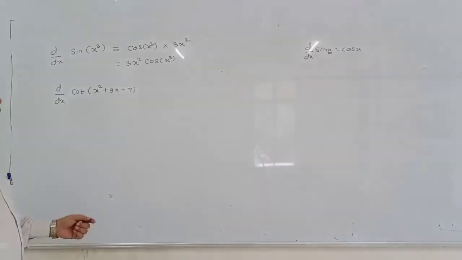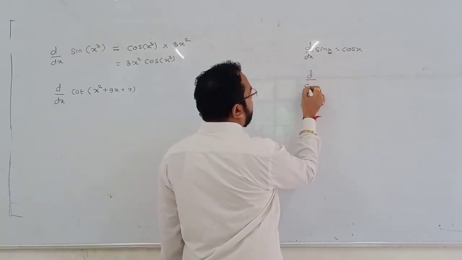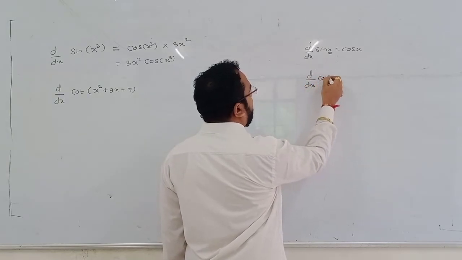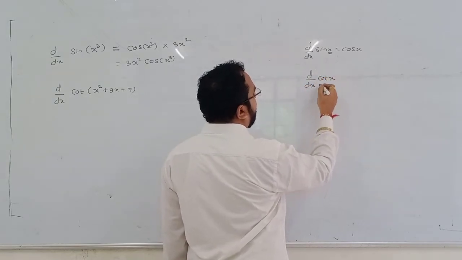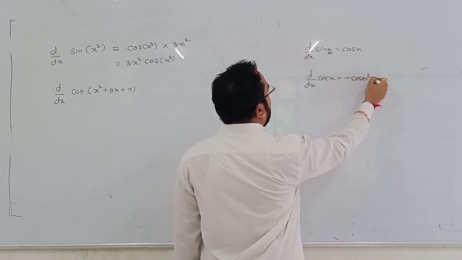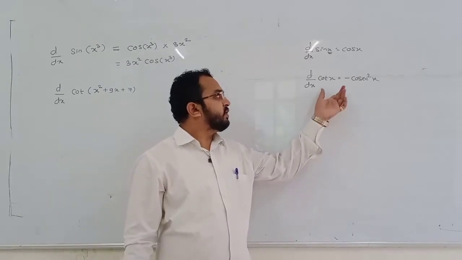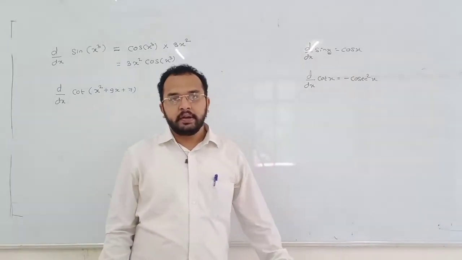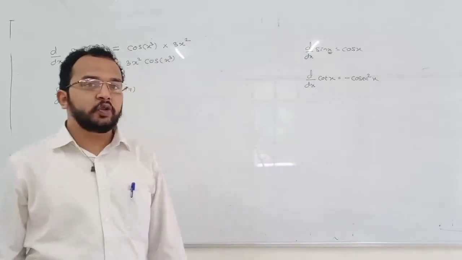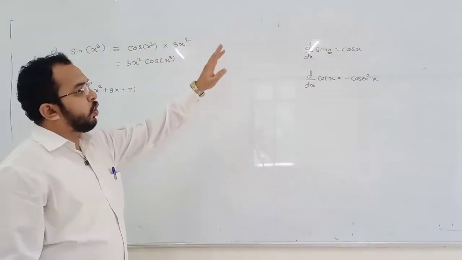So what is the differentiation of cot? Let's see in your notes. Differentiation of cot x is minus cosec square x. So differentiation of cot something is minus cosec square something.